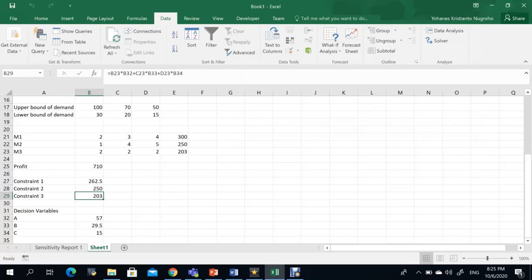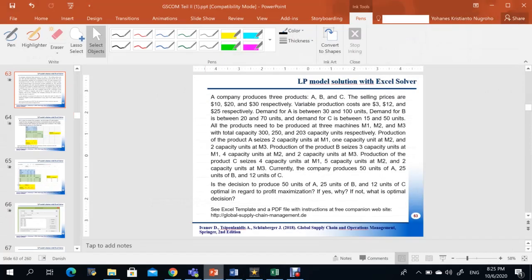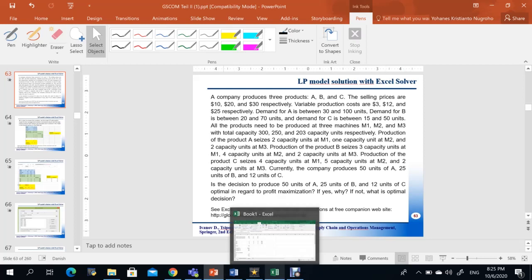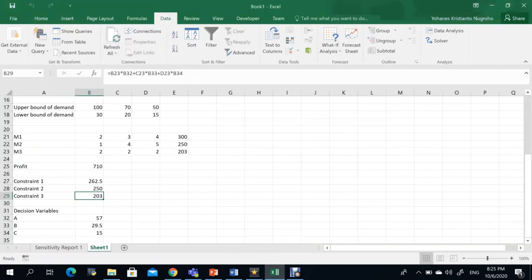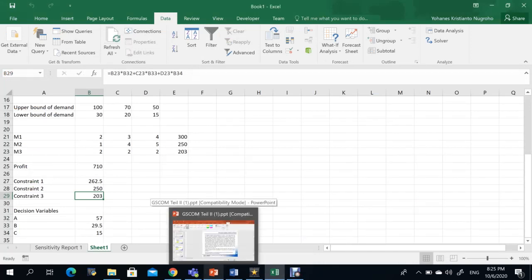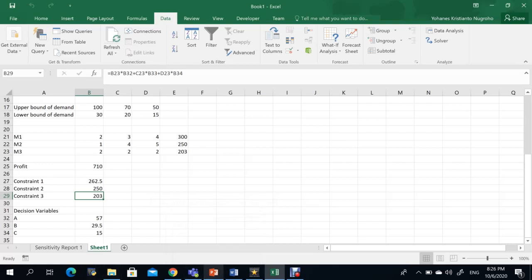Okay, now let's check the answer from the previous decision: 50 units of A, 25 units of B, and 12 units of C. Is it optimal? Let's check. 50, 25, and 12 versus 57, 29.5, and 15. I don't think the previous decision is acceptable as an optimum solution, and therefore we have to propose the new solution here.